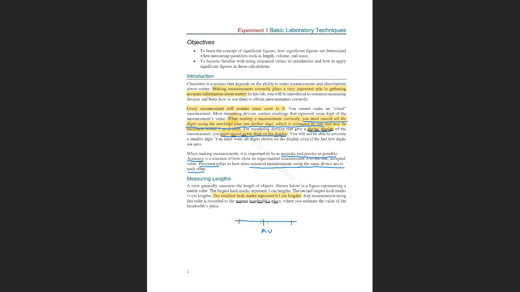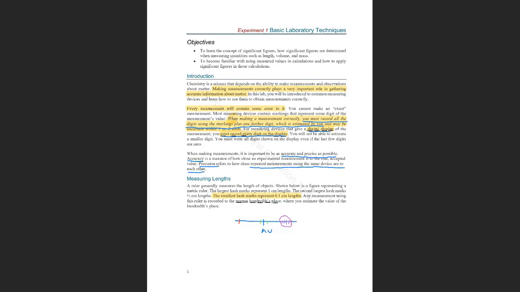But when they are talking about precision, they are talking about how close one value is next to the other. Let's say if I do 5 measurements, 1, 2, 3, 4, 5, and the 5 measurements are here but are close to each other.